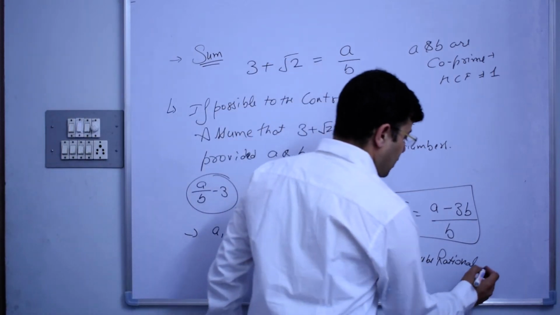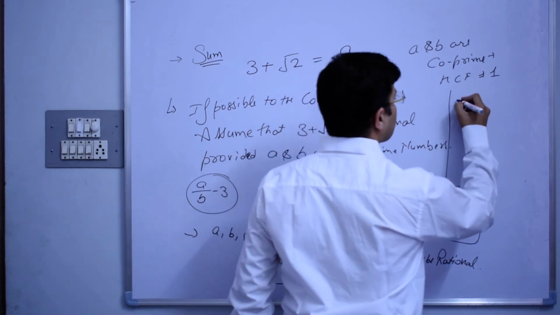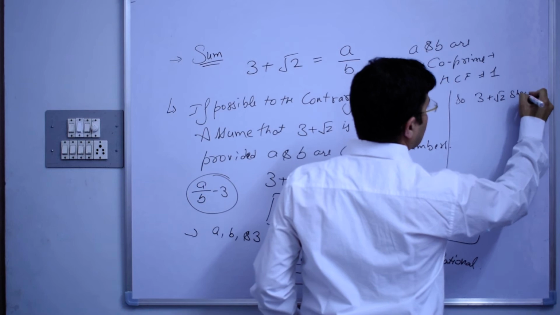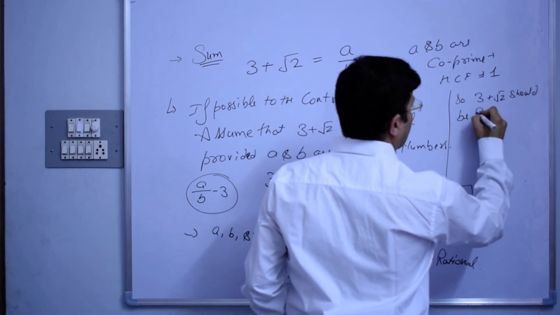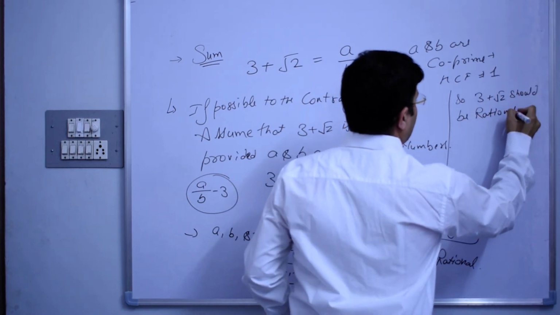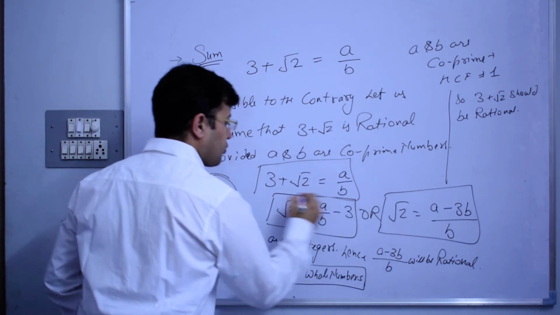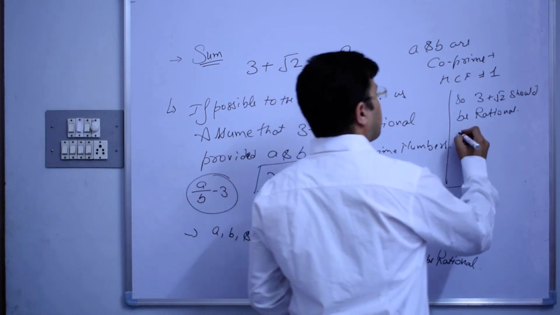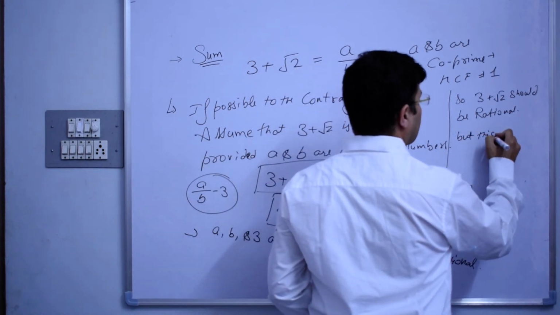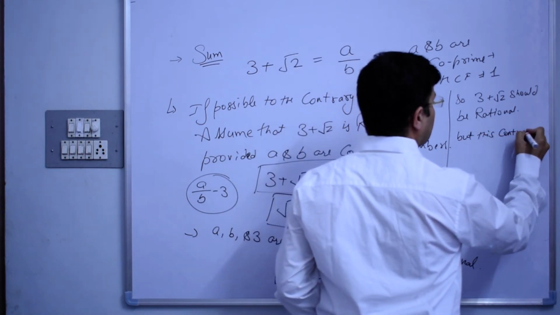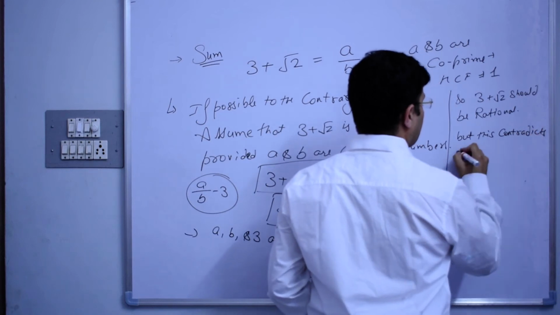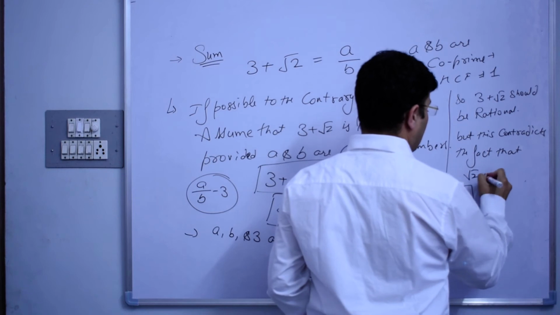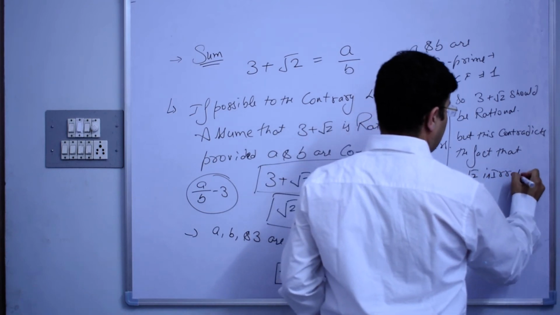Now since it is rational, this 3 plus root 2 should be rational, because we have assumed that 3 plus root 2 is a by b, right? But this contradicts the fact that root 2 is irrational.